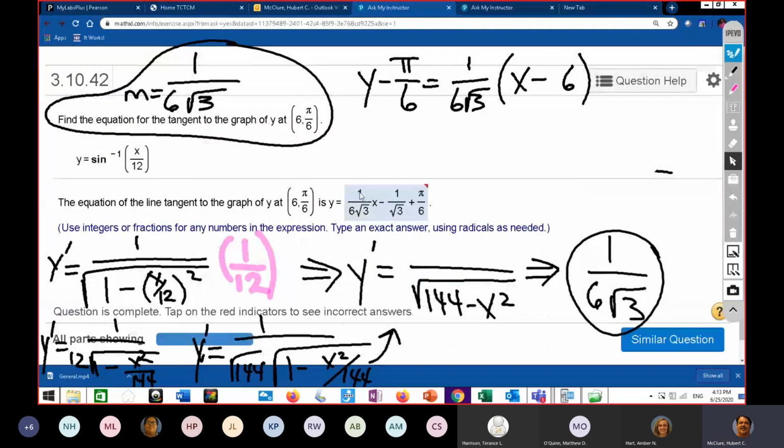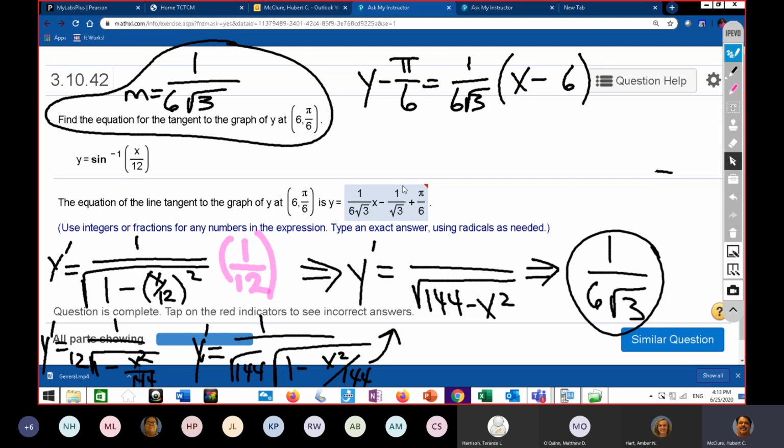There it is. See there, 1 over 6 square root of 3 times x minus, heck, they didn't even combine them. They just wrote them out to the side. They just wrote 1 over 6 square root of 3 plus pi over 6. They just brought the pi over 6 over here. They did distribute it, but they didn't combine the last 2 right here.